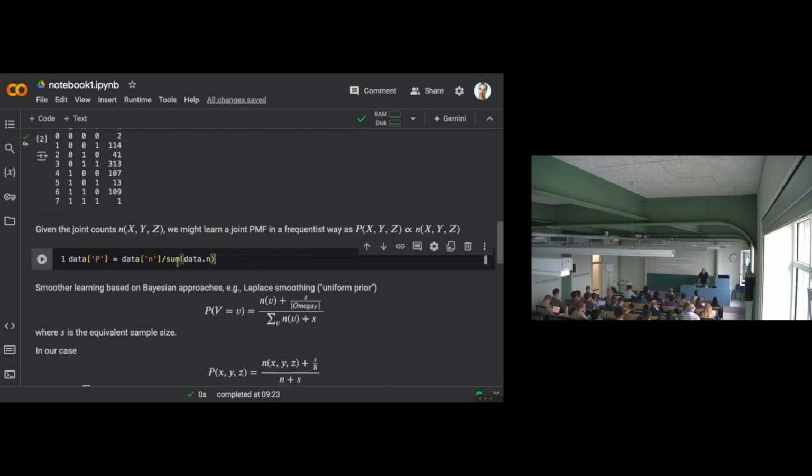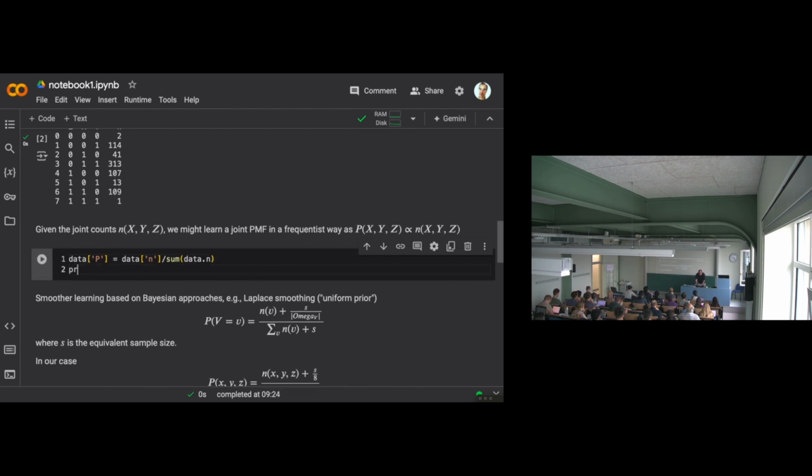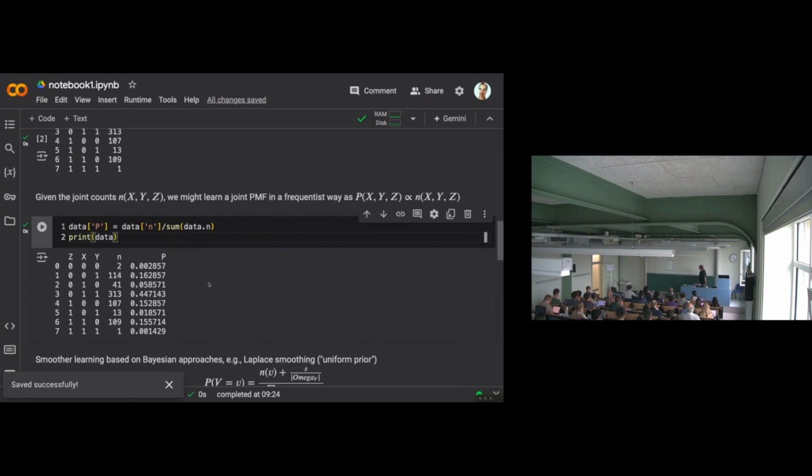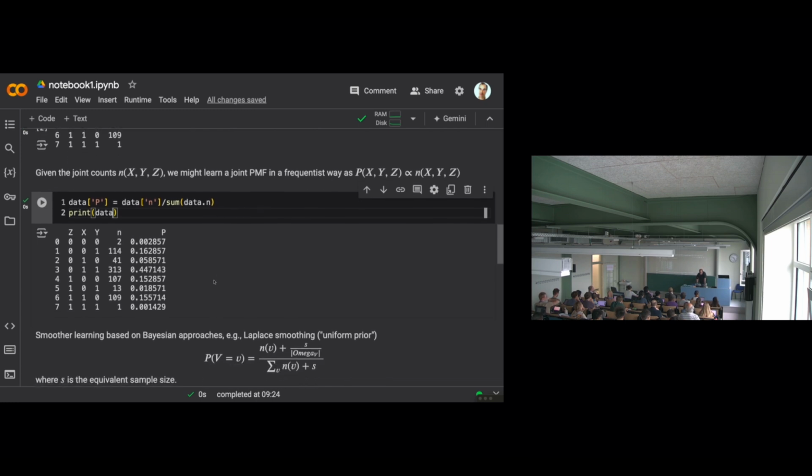So basically I divide by the sum, which is 700. Now if I print the data frame again, you see an additional column with the probabilities. We could call this the frequentist probability, because these are just the relative frequencies. And this is a joint PMF. If you sum, the sum will be one, apart from maybe some numerical rounding.